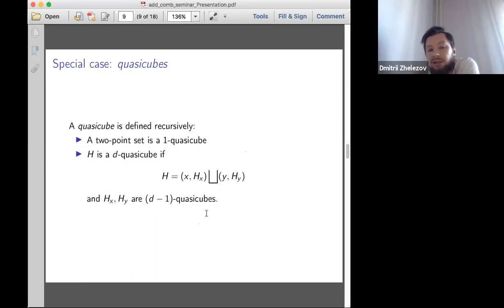For simplicity, you can just think of coordinate slices here. This means that every time you take one coordinate, and you can freely choose any coordinate you want, it splits into only 2 pieces based on this coordinate, and each of these pieces is a smaller dimensional quasi-cube.